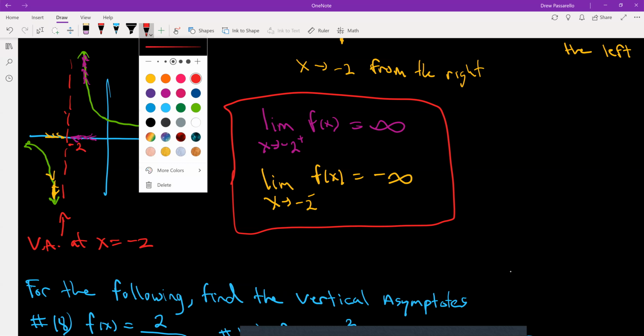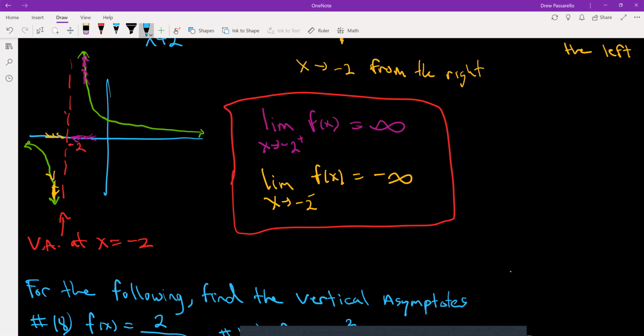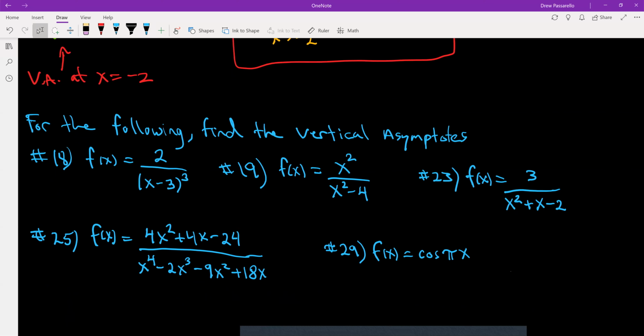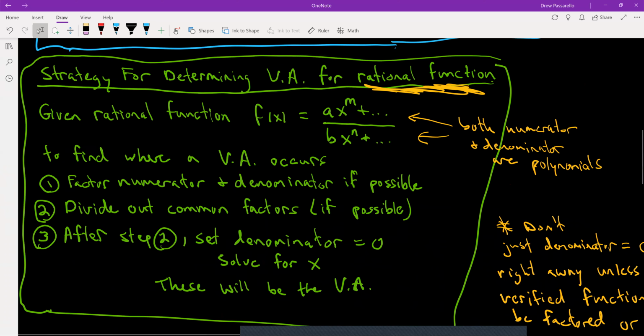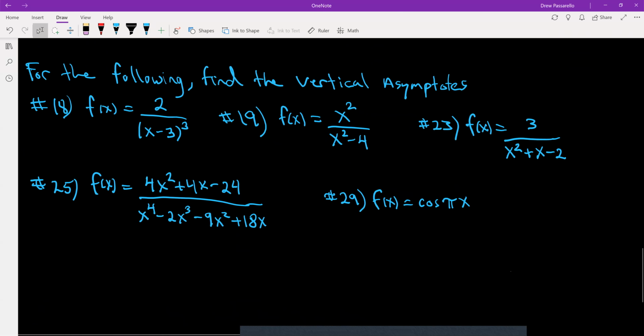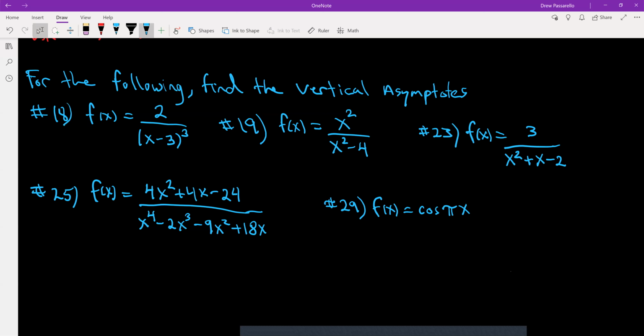Okay, so the next couple examples are going to be determining vertical asymptotes, and for the most part, I will try to do this based off of the strategy I had boxed here. And if you notice number 18, 19, 23, 25, these are all examples where I can apply the strategy because they have polynomials in the numerator and polynomial in the denominator.